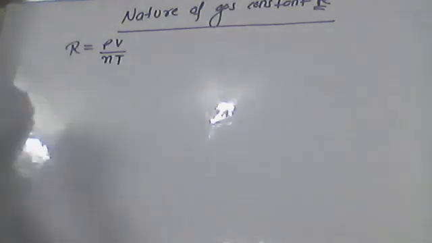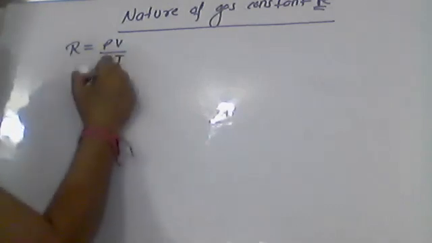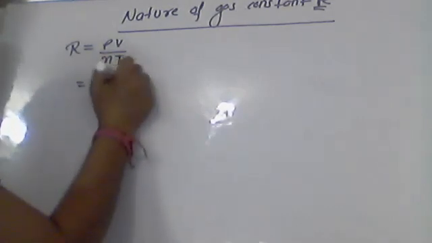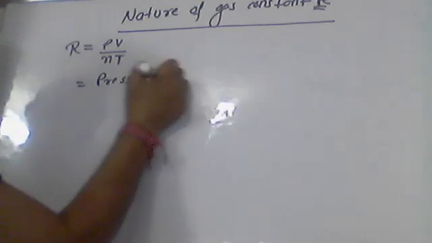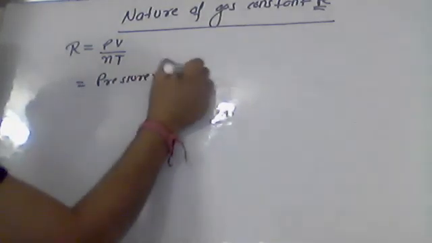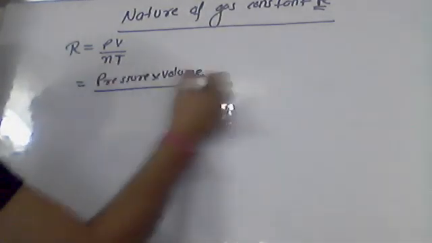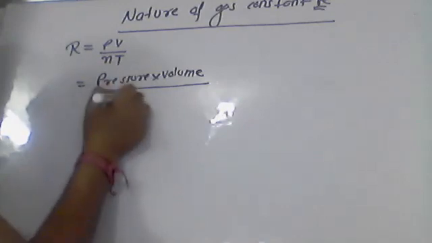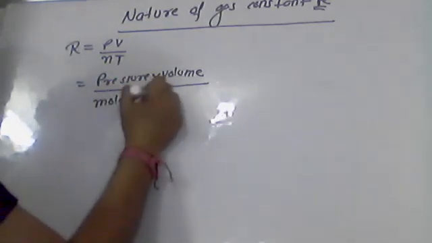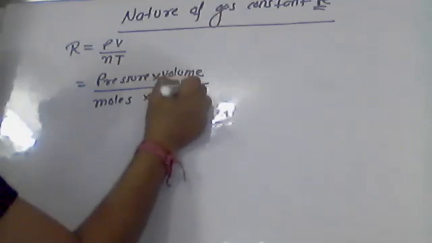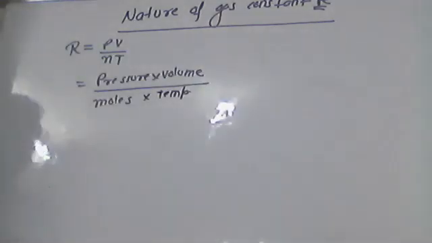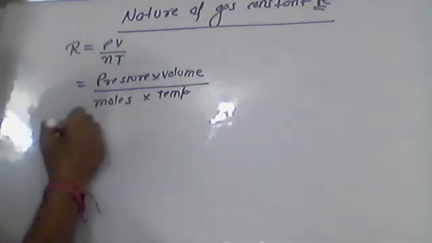Here P means pressure, V means volume, n is the number of moles, and T is the temperature.